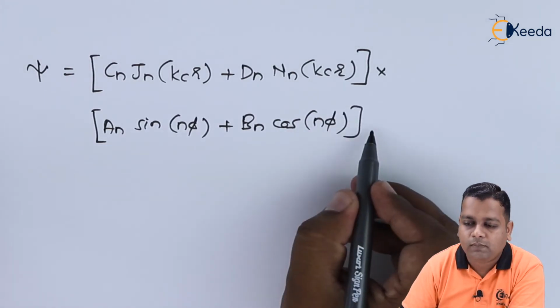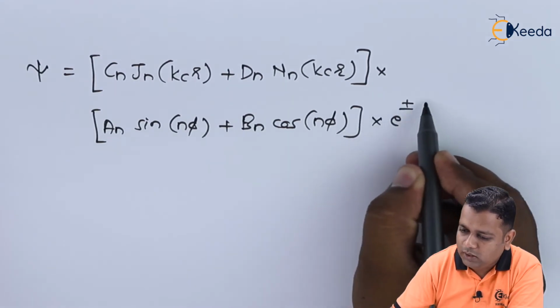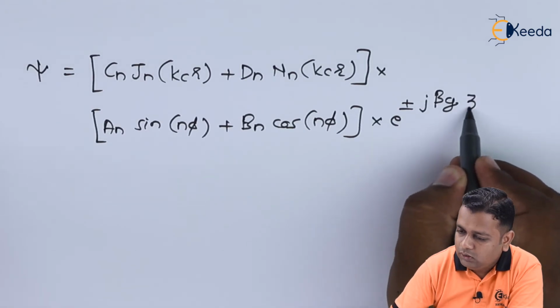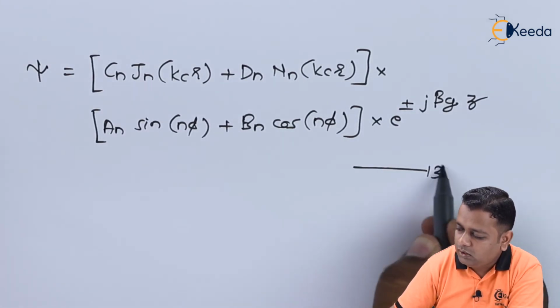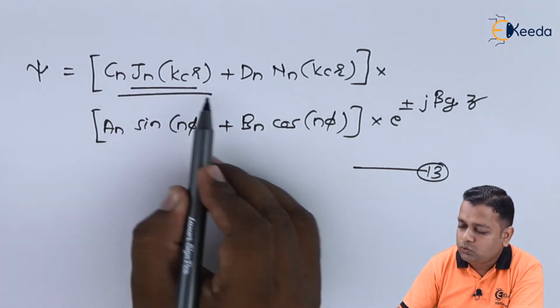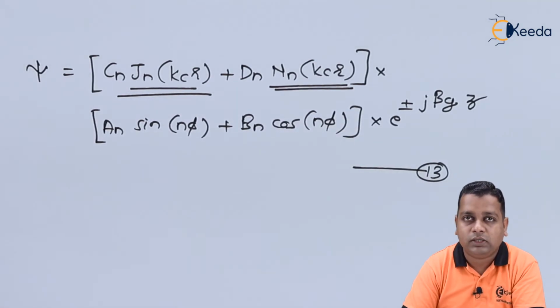The square bracket is completed and it is multiplied to e to the power plus minus j times beta suffix g into z here. So this is equation number 13 here, and for this equation these two Bessel functions are expressed in the graphical plot given as.